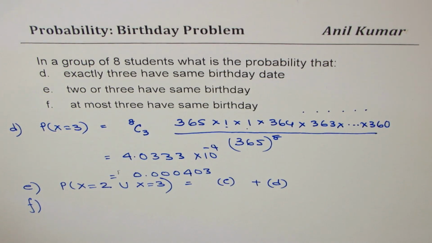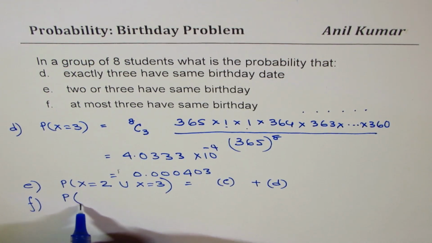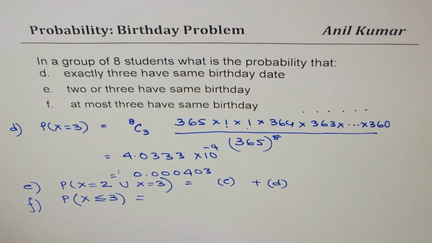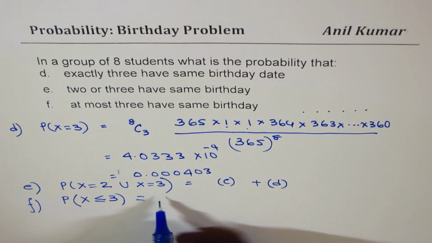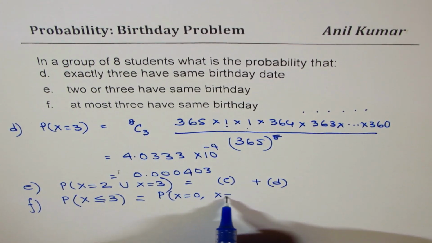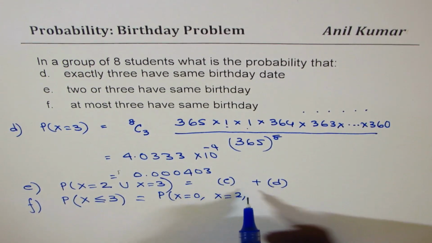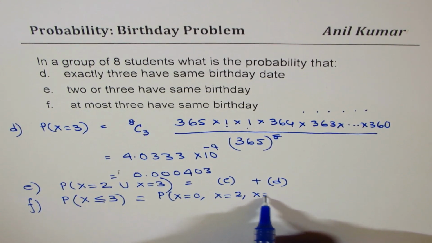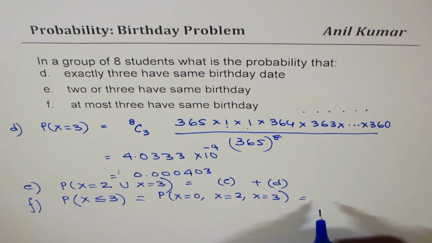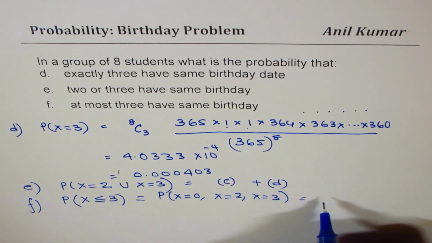At most 3 have the same birthday. It means we are looking for a probability when x is less than or equal to 3. Perfect. That means we are looking for a probability when x is equal to 0, x is equal to 2, and x is equal to 3. Is it okay? So it means all 3 of them. So now you can combine our options, which were, none is option A for us.